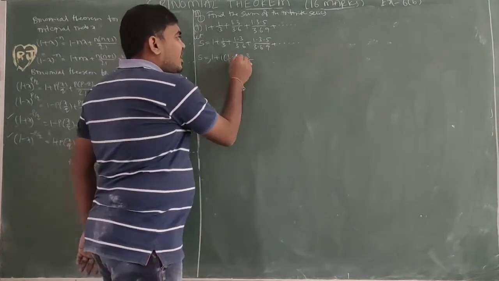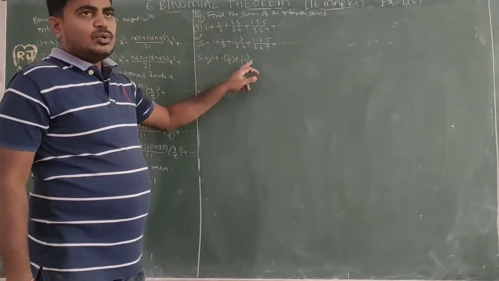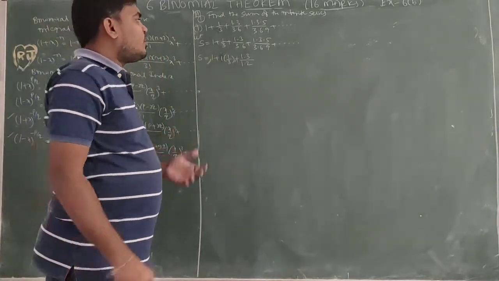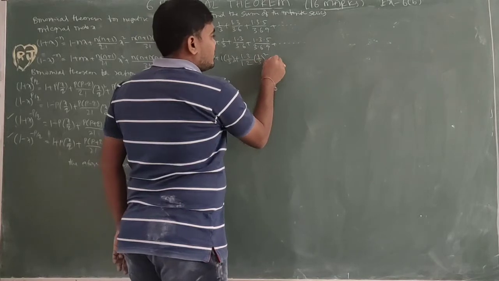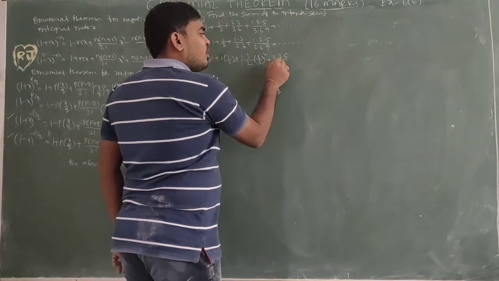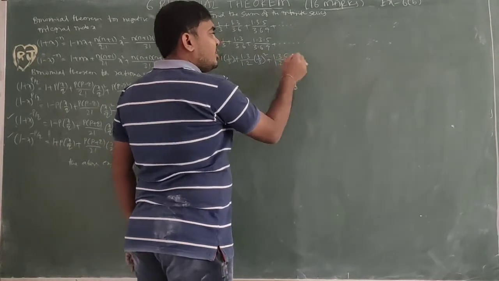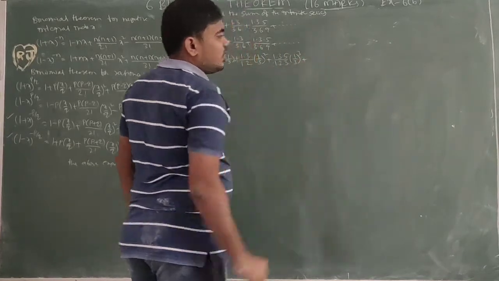I write 3 into 1, 3 into 2, 3 into 3, so 3 into 3 is 3 square, 1 by 3 square, plus 1 into 3 into 5 by 3 into 1, 3 into 2, 3 into 3, 1 by 3 whole cube, plus up to so on.